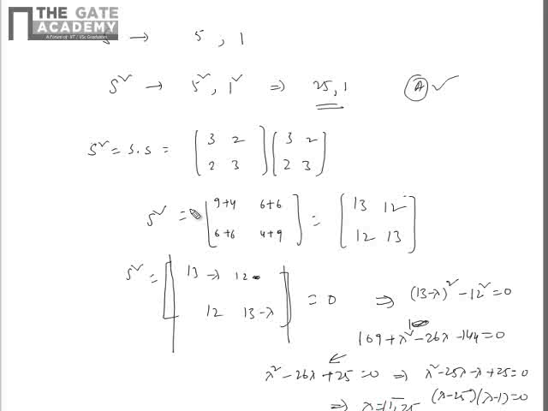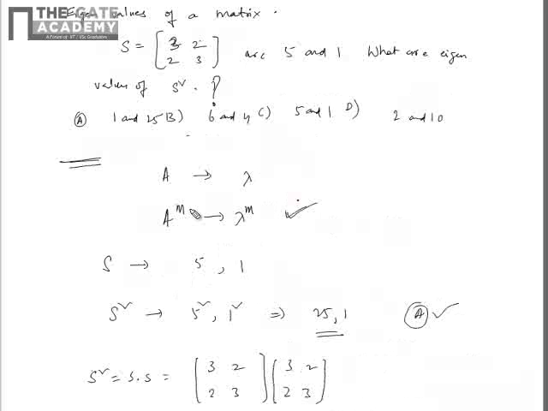So this will involve some process if you don't know this fact. If you know the fact, it's well and good: if you know the square matrix A and its eigenvalues, then for A to the power of 2 or 3 or 8, higher powers of A, you can always find the eigenvalues once you know the eigenvalues of A. If you don't know this fact, you just multiply and find the eigenvalues by the standard procedure.